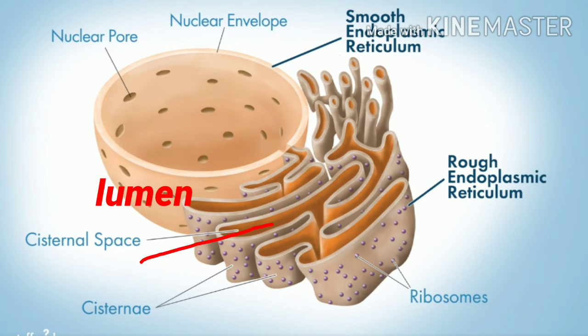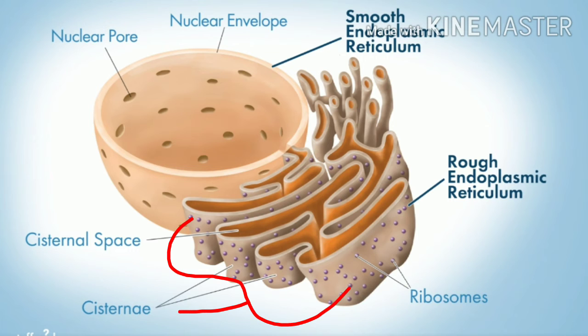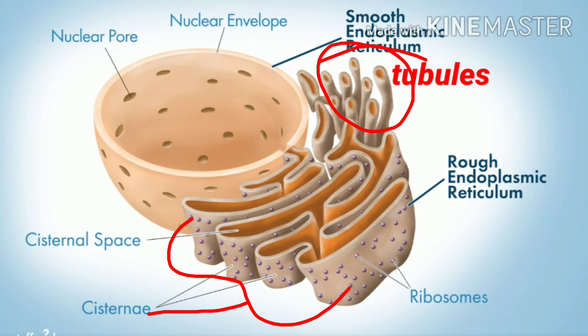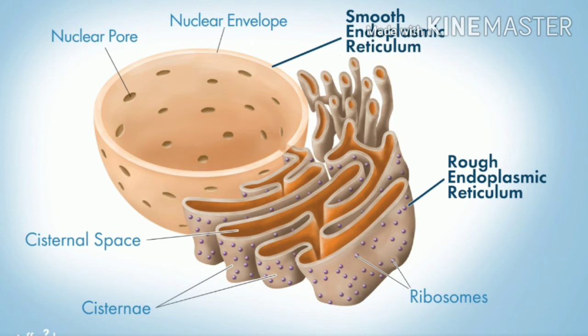Now if we talk about their structures, it could be found in three forms. This fold-like structure is called cisternae, and this part, which is just like a tube-like structure, is called tubules. So this endoplasmic reticulum could be found in the tubular structure also. And some endoplasmic reticulum is found in the vesicle structure, like this. So these are the structures of endoplasmic reticulum.